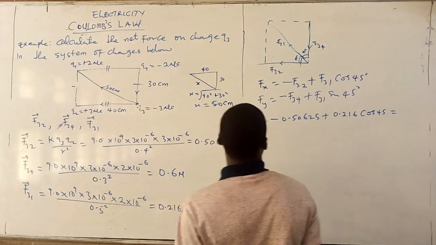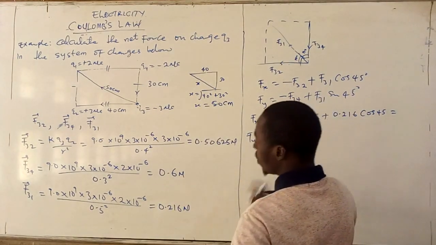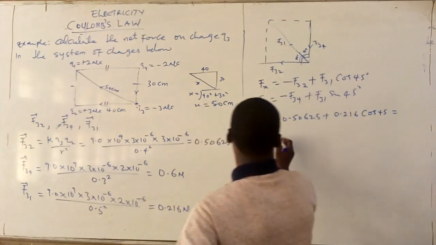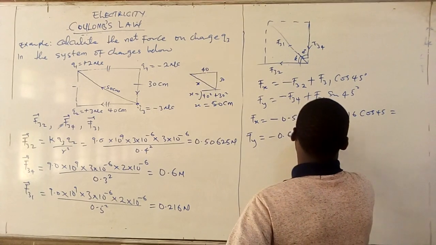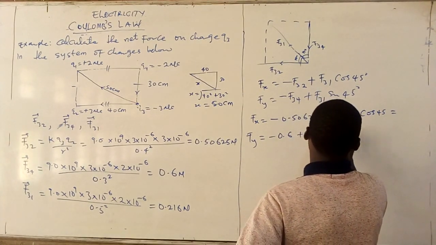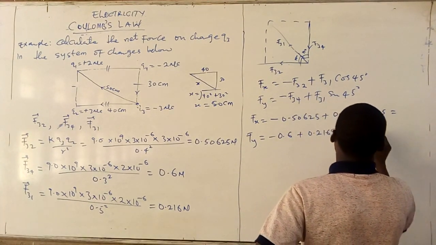For f of y, we are going to have minus, our f34 is 0.6 plus 0.216 sine 45, which is what?